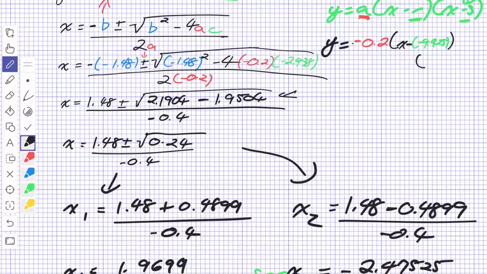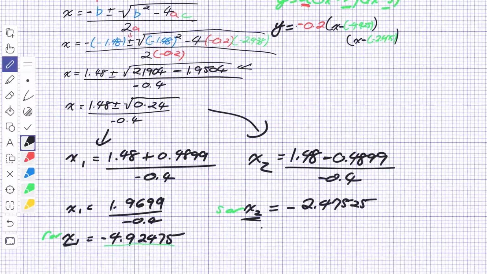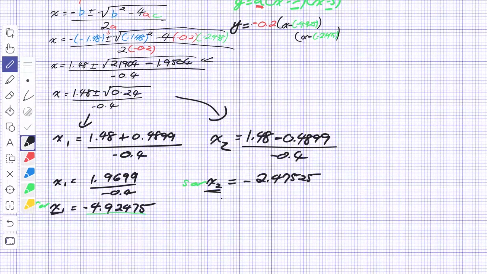I'm going to stack this one below and then make some room in a second. x minus again, negative 2 point, I'm going to say 475, and we'll just leave it at that, okay? And what I'll do is I'll shrink the page a little again, and then we'll write it out. y is equal to negative 0.2.